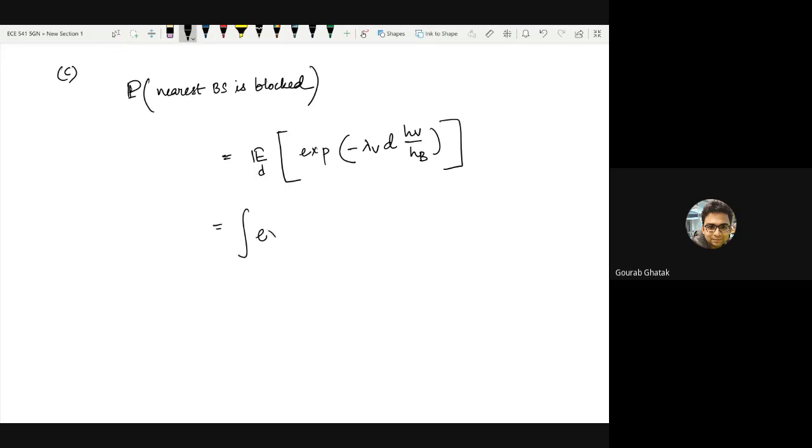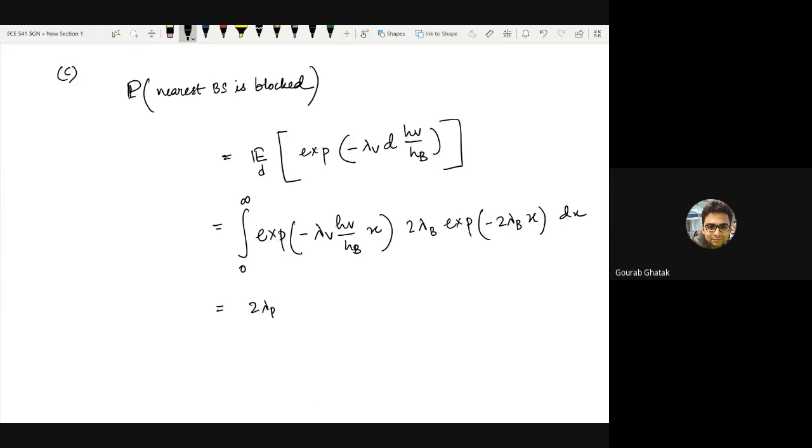So we have exp of minus lambda v hv by hb, some distance x, right? And then we have the pdf of x, which is 2 lambda b exp of minus 2 lambda b x dx, of course, where the distance can be anywhere between 0 to infinite, right?